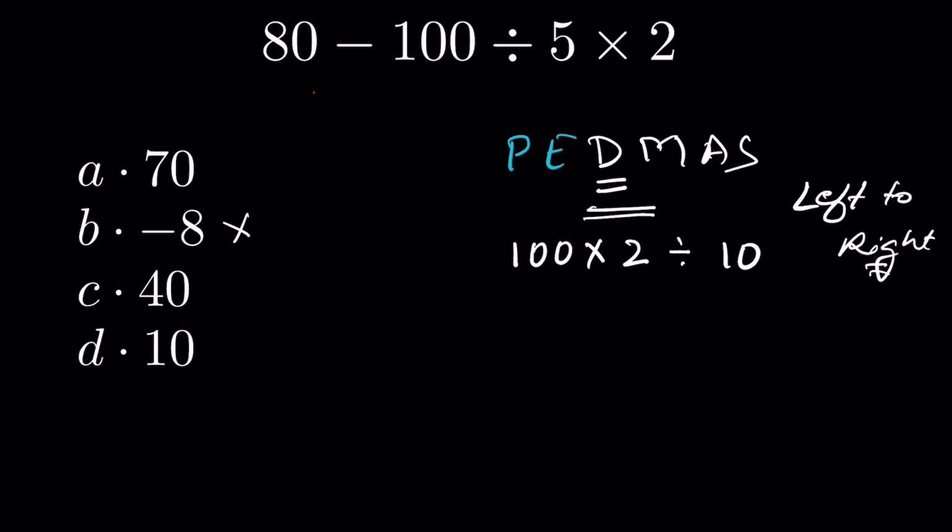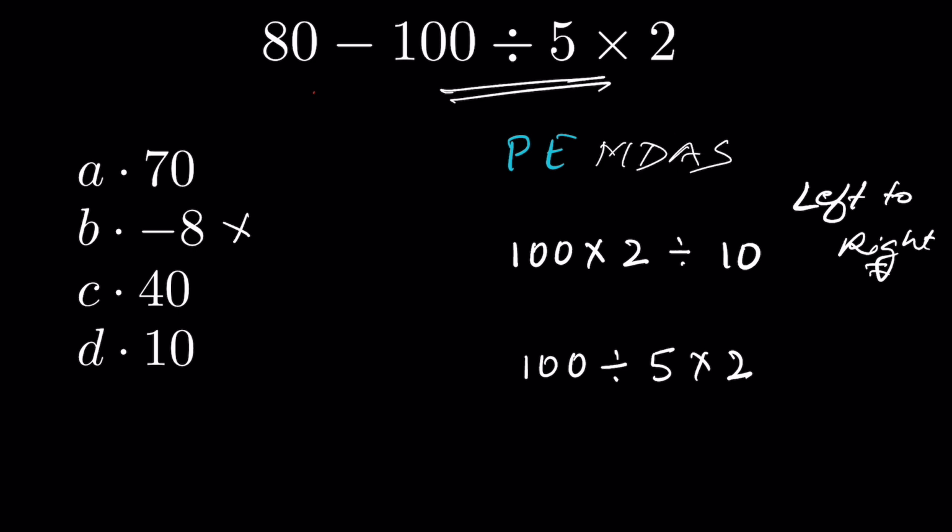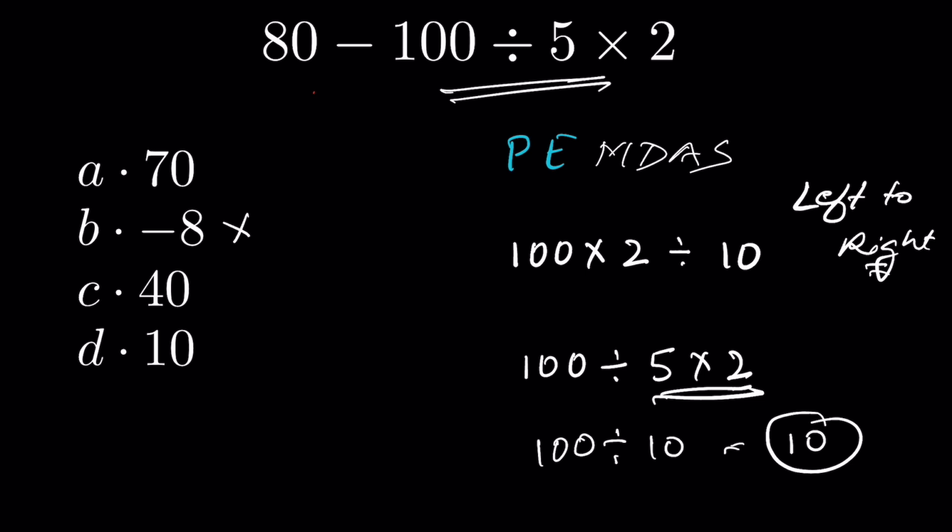For example, you have 100 divided by 5 times 2, and you are following Pemdas. Then you are doing multiplication first, so it will be 100 divided by 10, and then you have 10 as your answer. But we will have to follow the left to right rule.